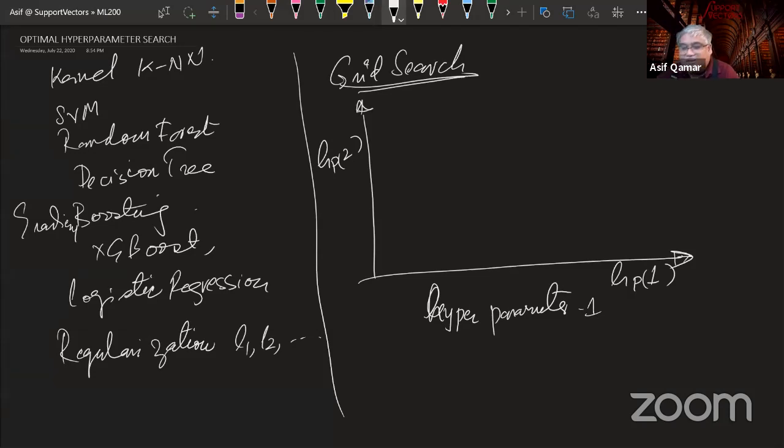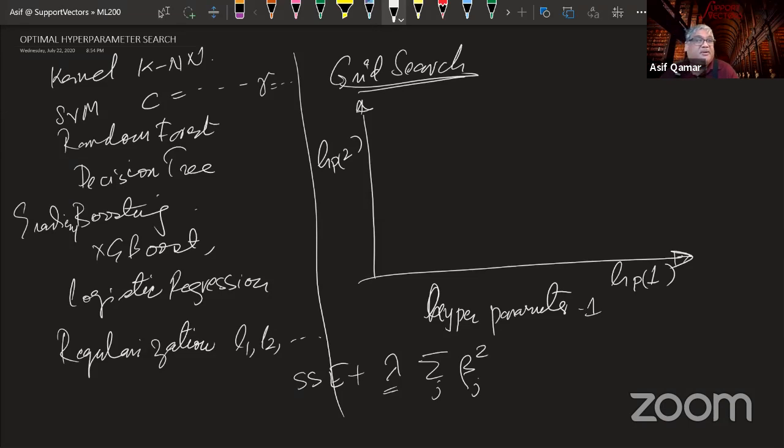For example, regularization: you have the lambda, so suppose you do beta j squared, a ridge regression, SSE plus this. What is the lambda value you should take? In SVM, it is C, how much of a budget you want to take. And in an RBF kernel, what is the gamma? They can take any arbitrary real value.